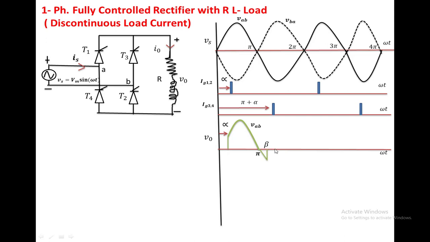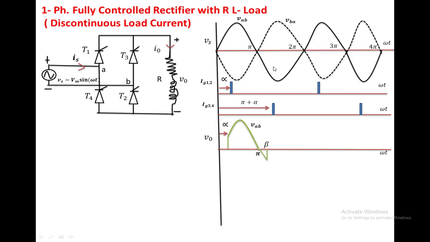At pi plus alpha, we apply the triggering voltage to T3 and T4. It is already forward biased from pi onwards, from this point. So whenever we apply the triggering voltage to T3, T4, T3, T4 is on. Now the load is connected to the source through T3 and T4, so the load voltage is equal to VBA.